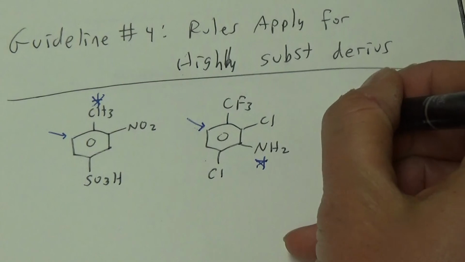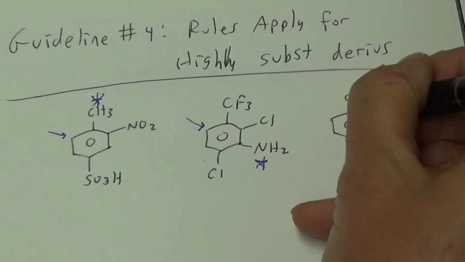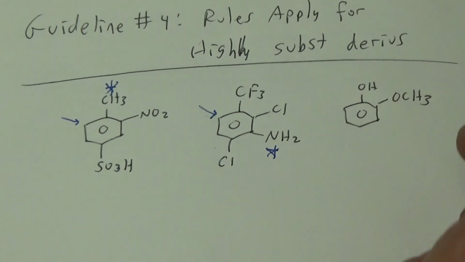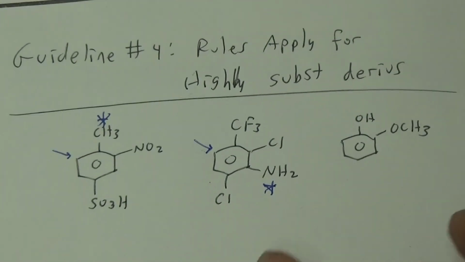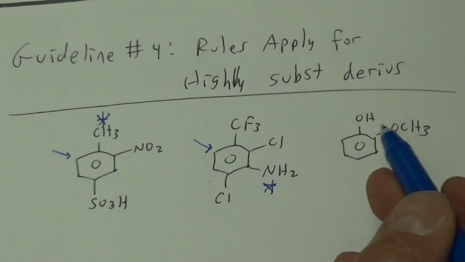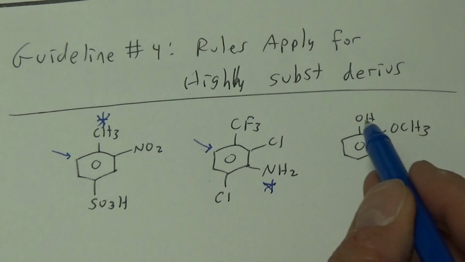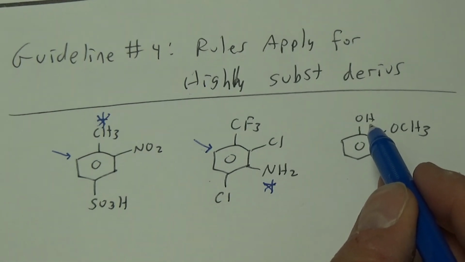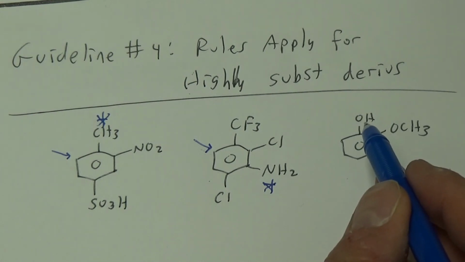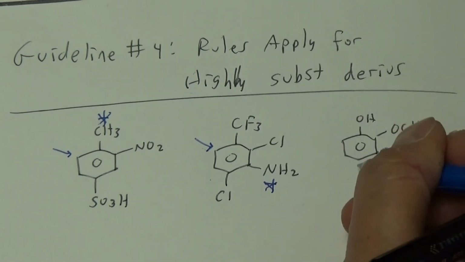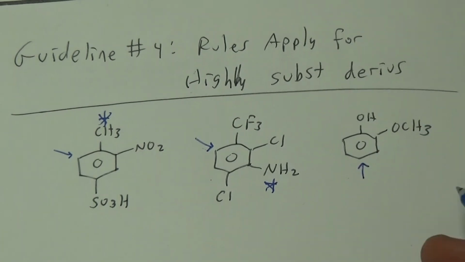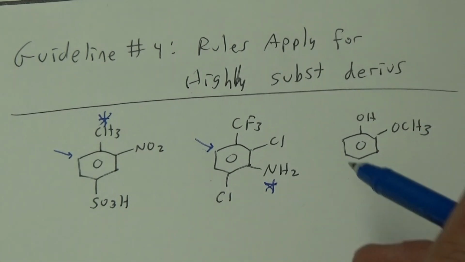This one is pretty obvious. OH versus OCH3. Pretty easy, actually. Who's the greatest activator, OH or OCH3? Go look at your chart. They're both ortho-para directors, but this is the greatest activator. It decides, and para would be preferred, so it goes there. One more.